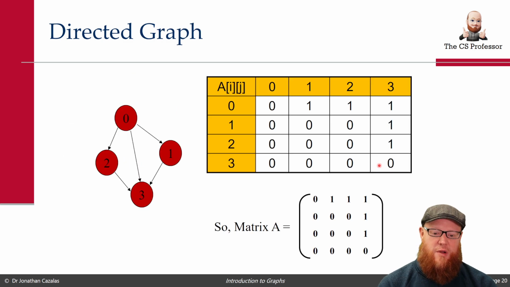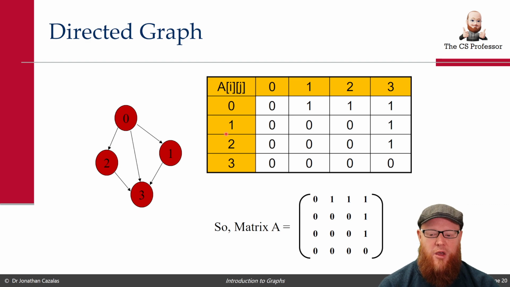So here, let's call this a one-way road network where every vertex is linking maybe to some other vertex, but it's not going back, right? 0 is going to 2, but 2 is not going to 0. We have 1 going to 3, but 3 is not going back to 1.